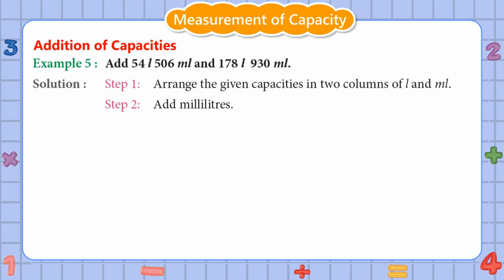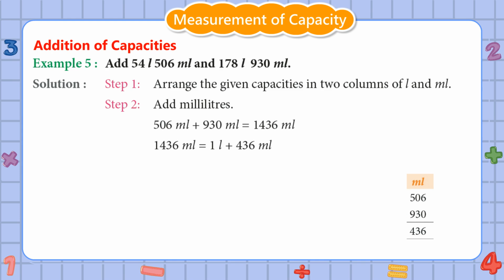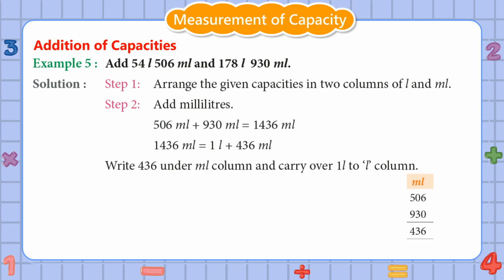Add milliliters. 506 milliliters plus 930 milliliters is equal to 1436 milliliters. 1436 milliliters is equal to 1 liter plus 436 milliliters. Write 436 under milliliter column and carry over 1 liter to liter column.